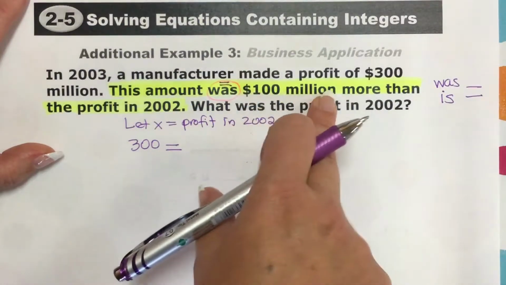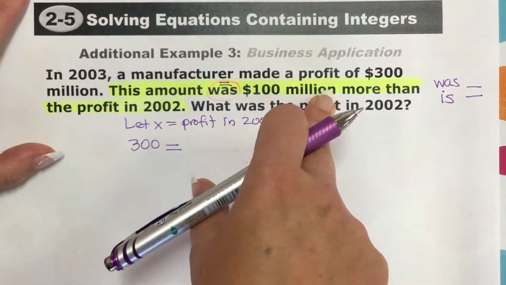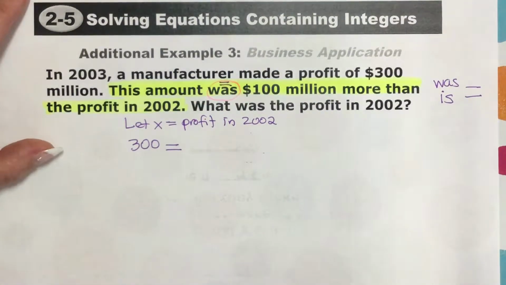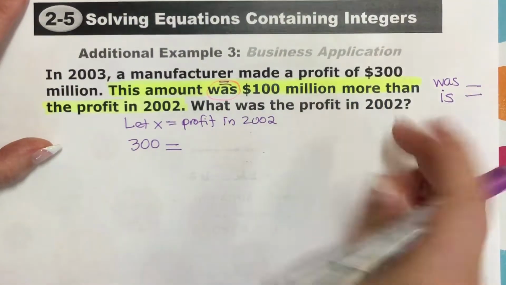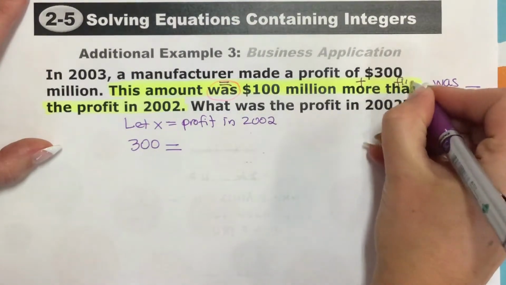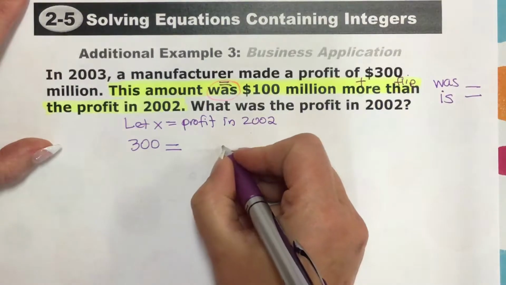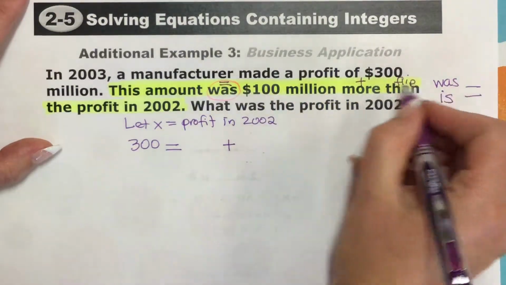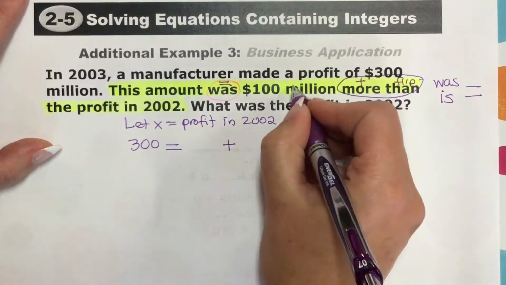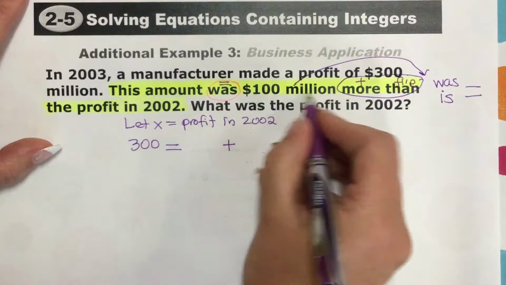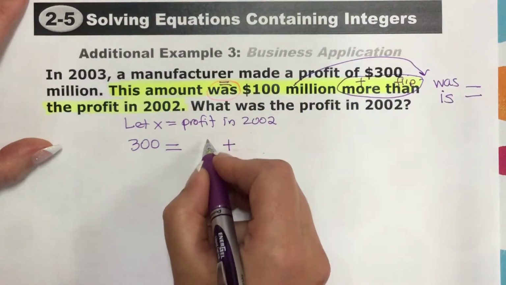After that, it says 100 million, and the next keyword is more than. We know from one of our previous lessons that the word more means plus, and than means flip. So I know that it's a plus, and flip means whatever's in front of the words more than is going to flip to the back. So this 100 is going to flip to the back.